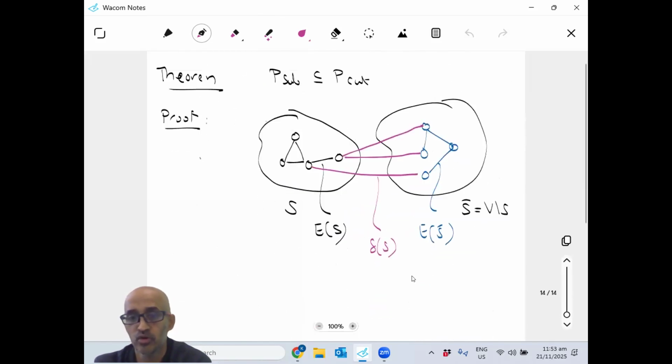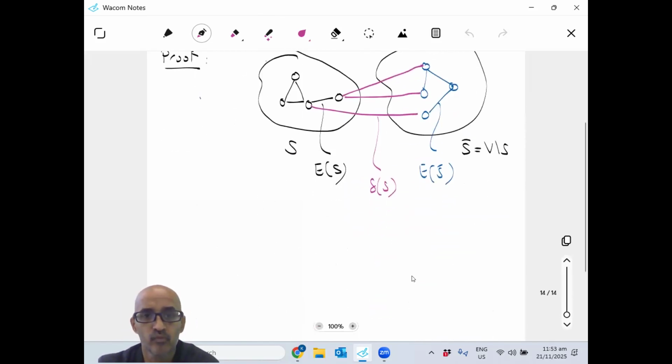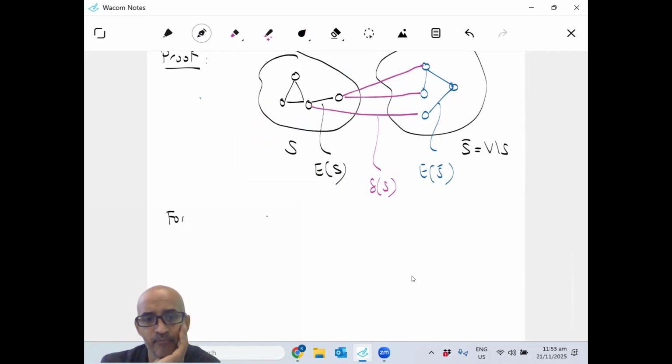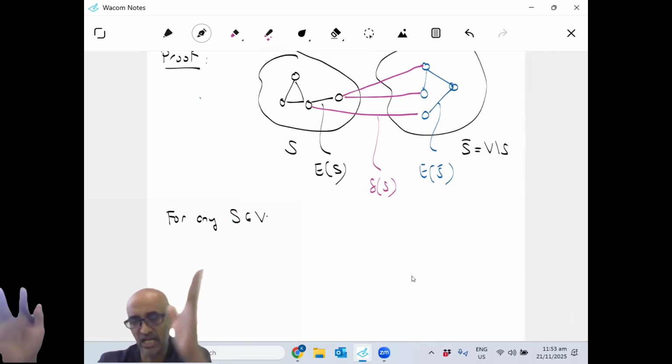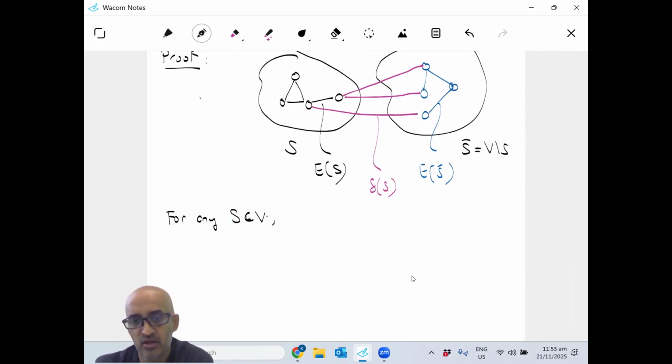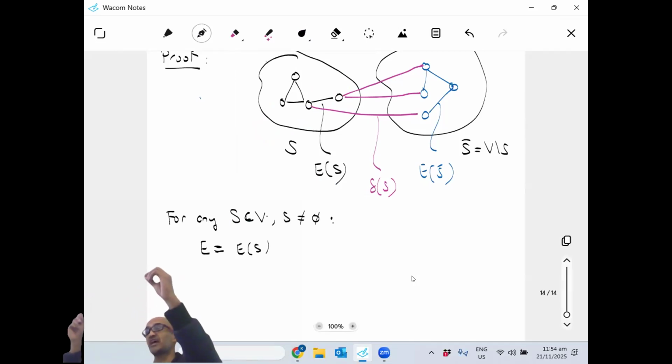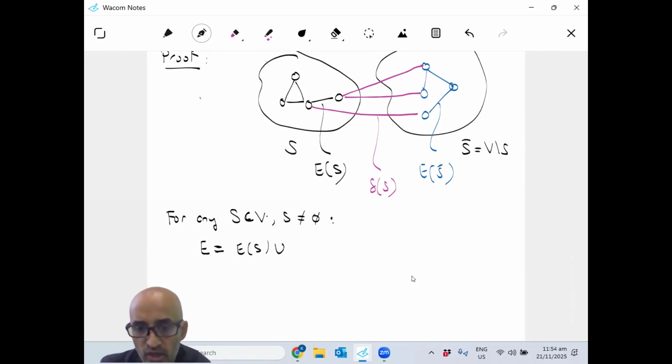Is it clear what I'm counting here? For any subset of nodes, so I take all my vertices and take any strict subset, not empty, all the edges in the graph are either edges contained within the set S, meaning edges connecting the nodes in S, or edges connecting the nodes in S bar, or edges that go from S to S bar.